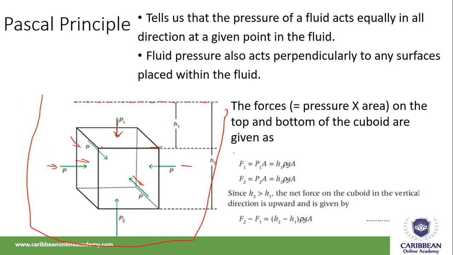Now the difference is at the top and at the bottom of the cuboid. At the bottom, there's going to be a much higher pressure than at the top of the cube. Because we said that pressure is height related, that's the reason why we can say this. Now, I think from fifth form, you would have probably done a few experiments when you had a container with fluid inside of it, and you probably bore a hole at the bottom and one in the middle and one at the extreme top.